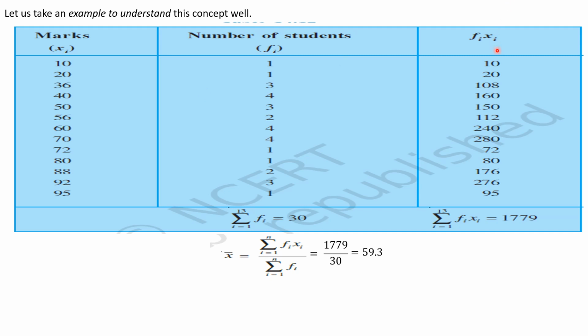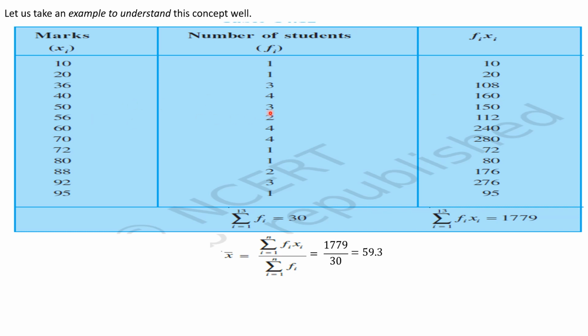Remember this point, my children. fi into xi: 10 into 1 is equal to 10. 20 into 1 is equal to 20. 36 into 3 is equal to 108. Similarly, 40 into 4 is equal to 160. Understood these points, my children?